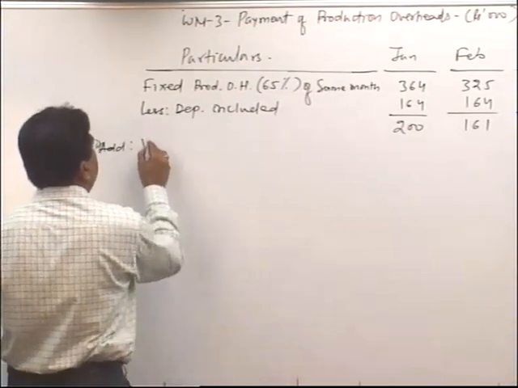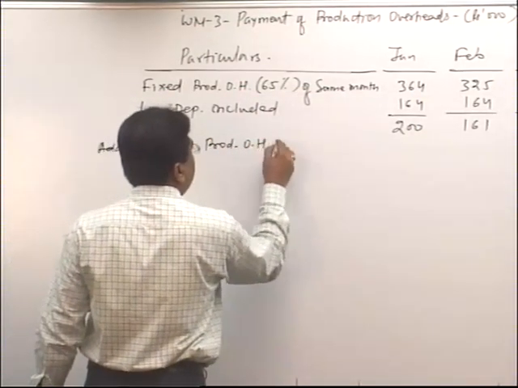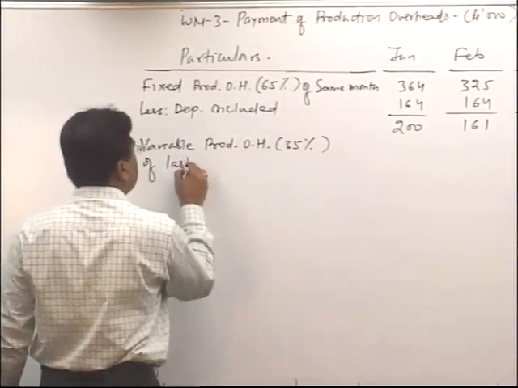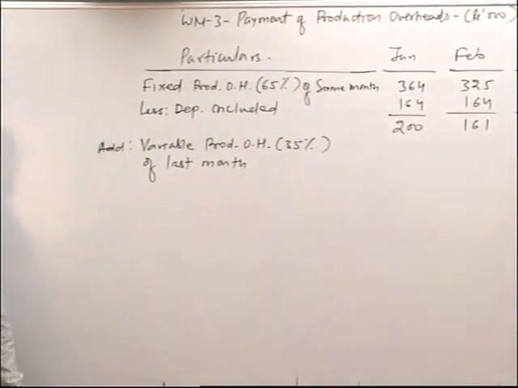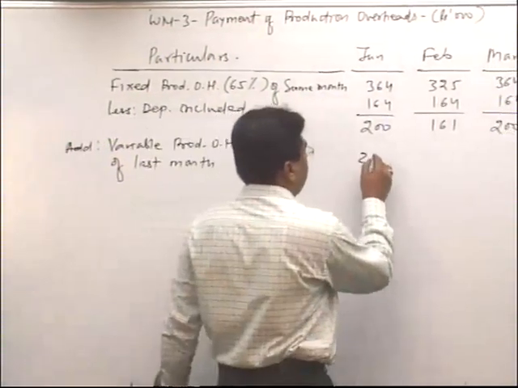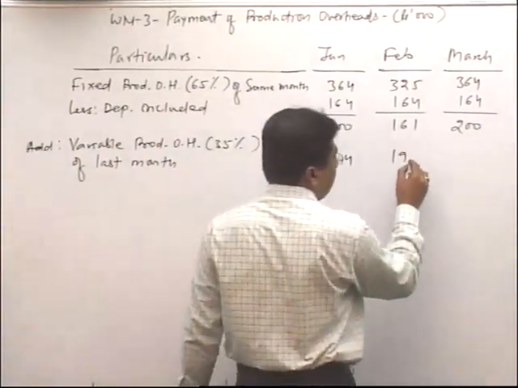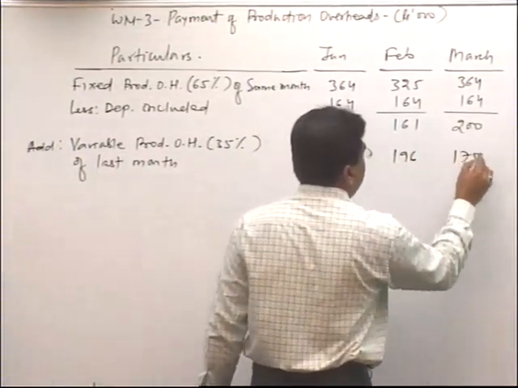So add variable production overhead, which is 35% of last month. So for January, last month is December, so count 35% of December's production overhead and it comes to 224. Then for February it is 196 and for March it is 175.